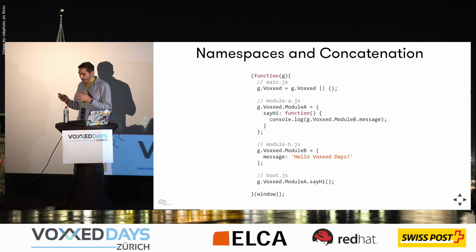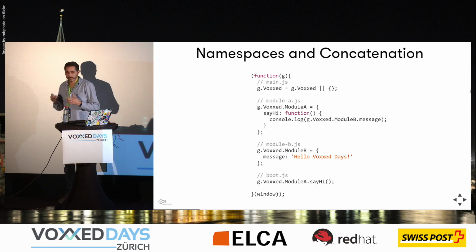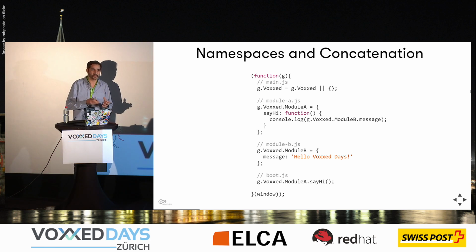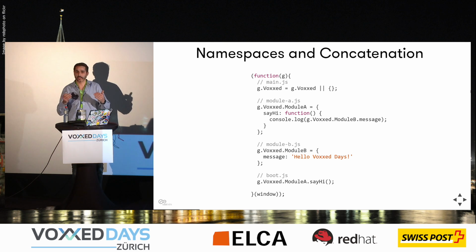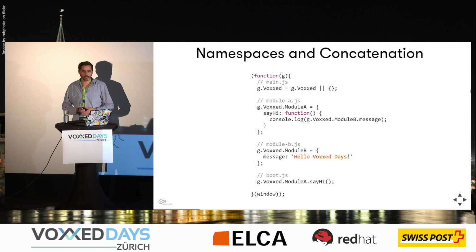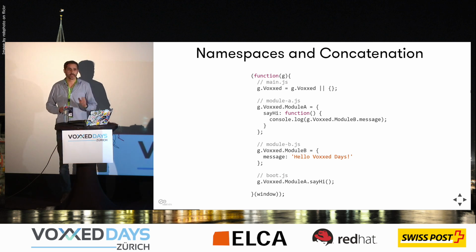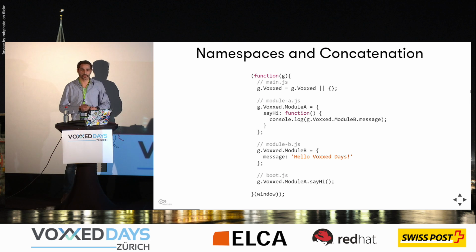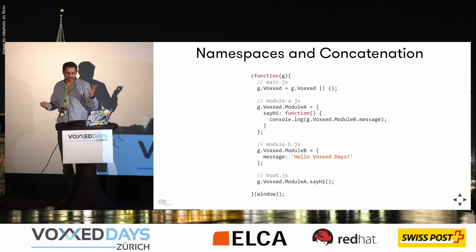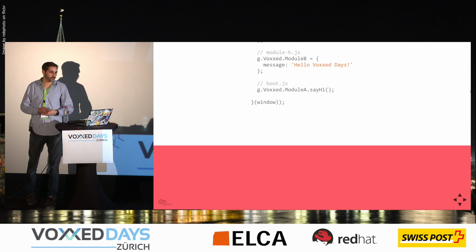And then we can have individual files that are responsible for one single namespace, and then in the end we are just concatenating all these files together, and we have a nice structured application, but in the browser we just have one JavaScript file, which was actually the start of something that I don't need to put a rage face on here right now, right? So this is quite a good approach already.